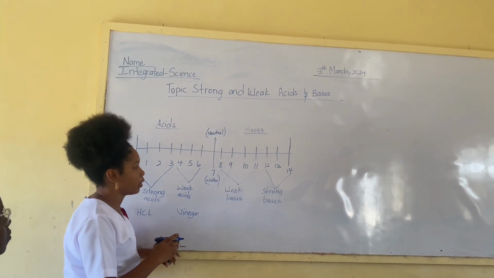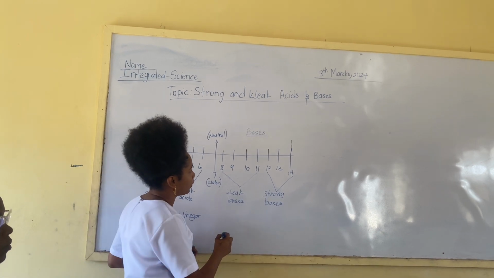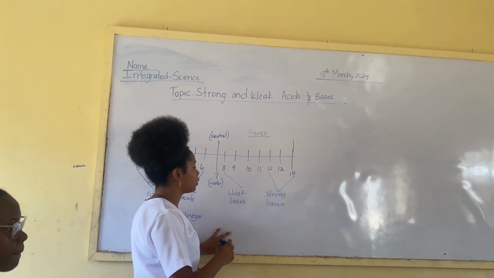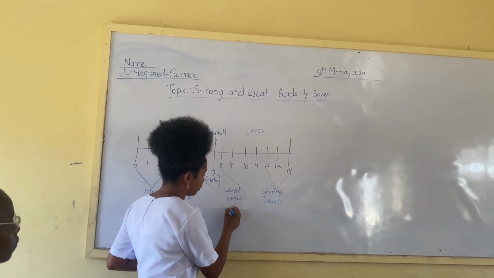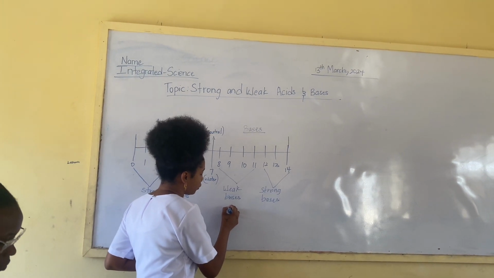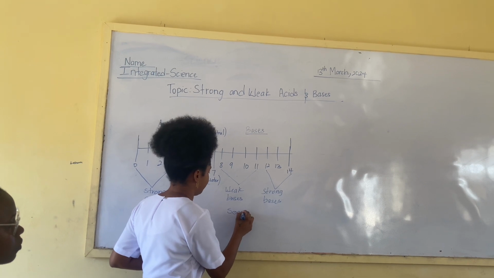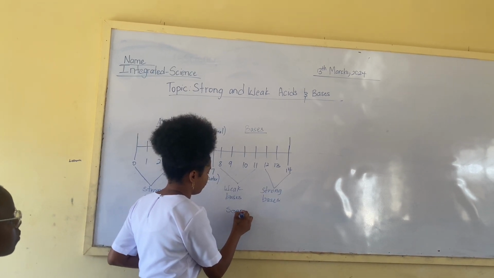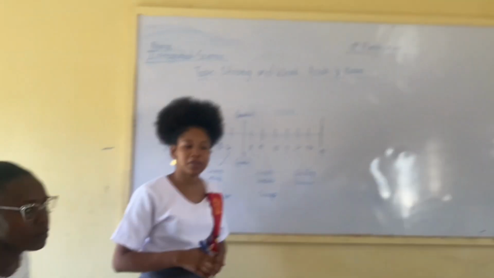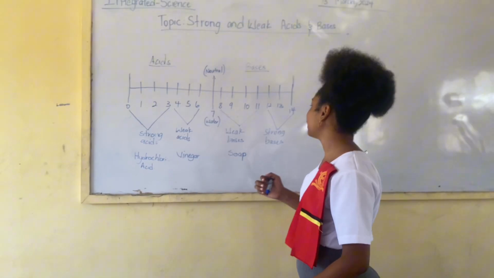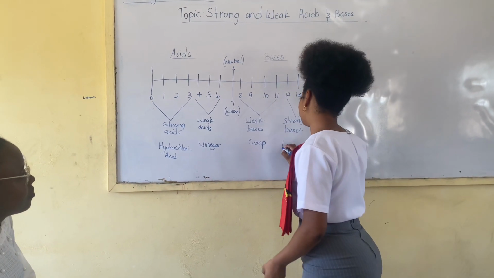Strong acids are very harmful, so you won't find them at home. And weak bases would be like soap and Colgate and so on. Okay, so an example of a strong base will be glue.